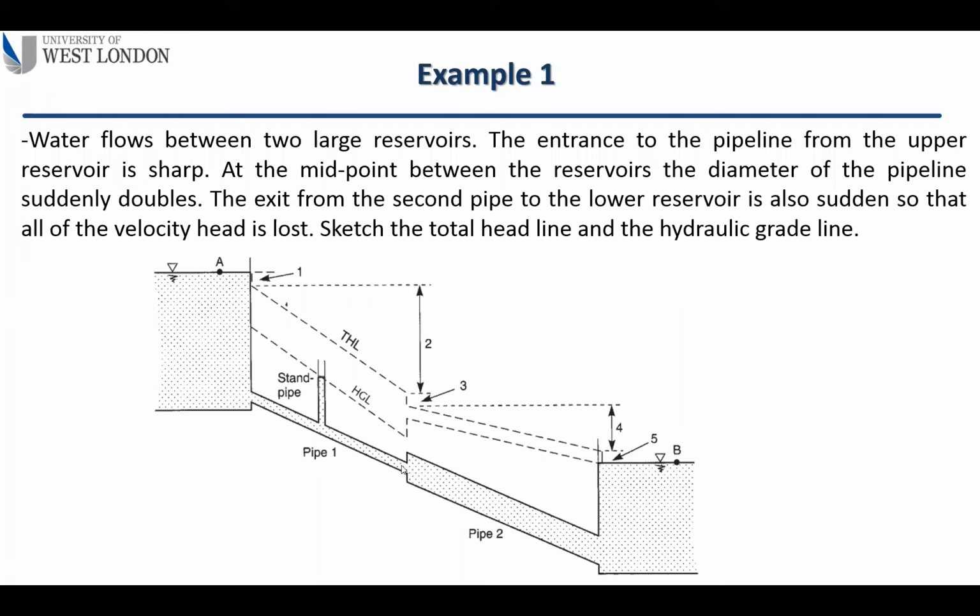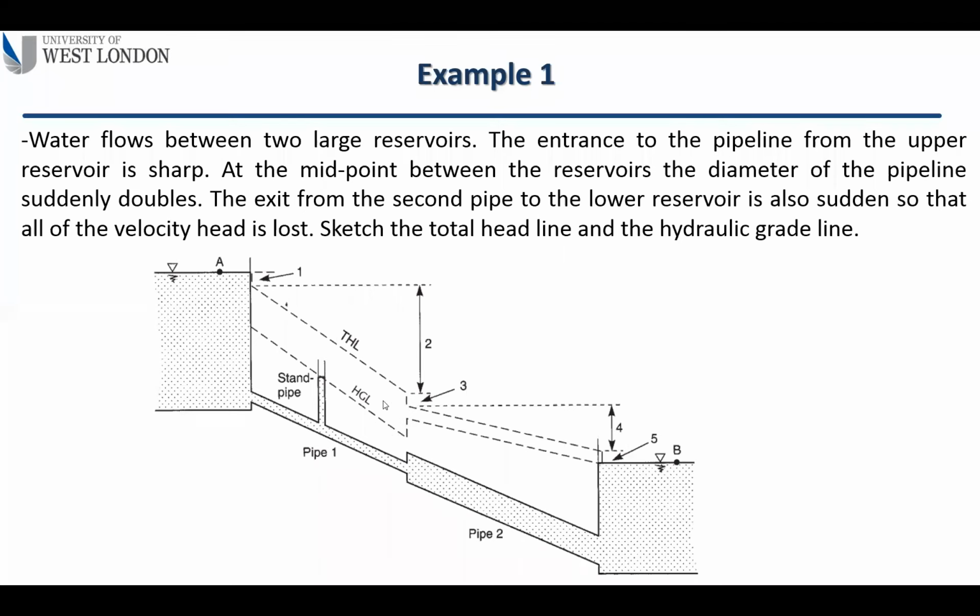At this point, we have another minor head loss because of the increase in diameter. Number two, by the way, is the friction head loss because of pipe one, and number three is the minor head loss due to the expansion of the pipe.